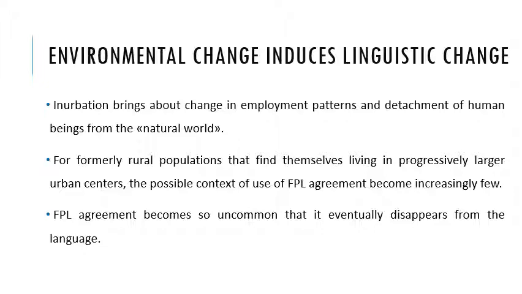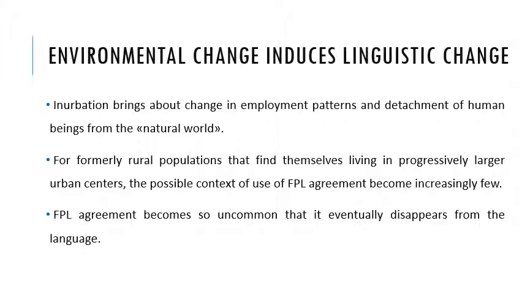Now, imagine that speakers of a dialect of this type, who were once possibly nomadic cattle herders, or maybe they were sedentary but lived in very small settlements, find themselves living in progressively larger urban centers. The living conditions of rural and urban populations are remarkably different, in particular when it comes to employment patterns. Cattle rearing is common among rural population, but it's very hard to practice for city dwellers.